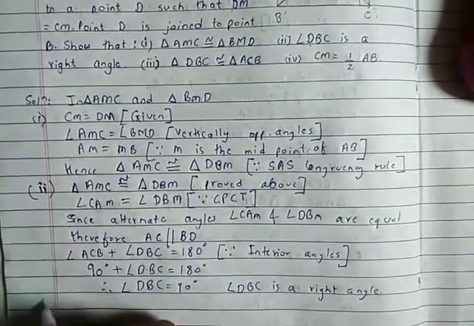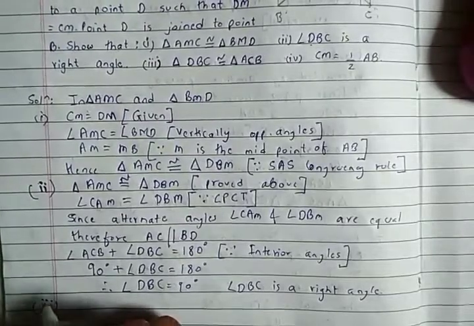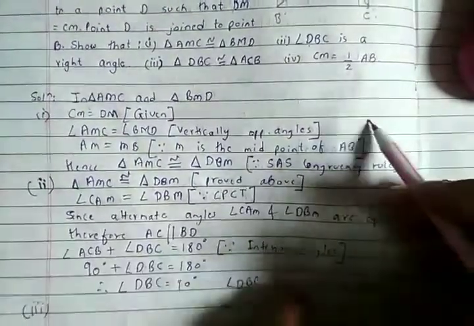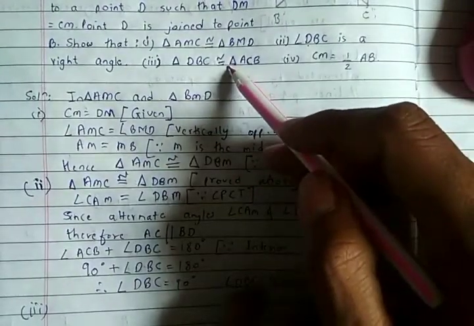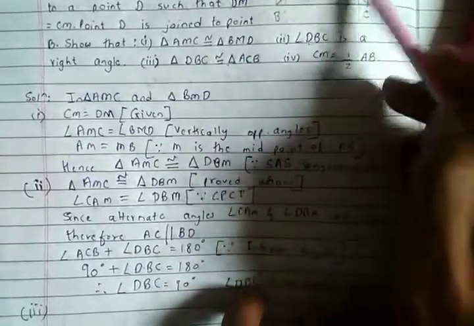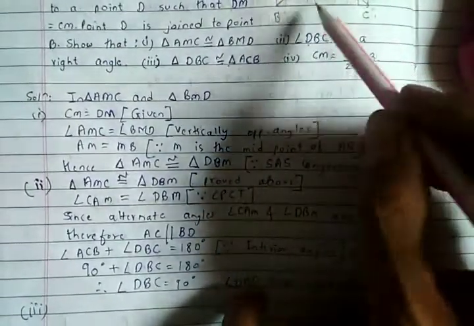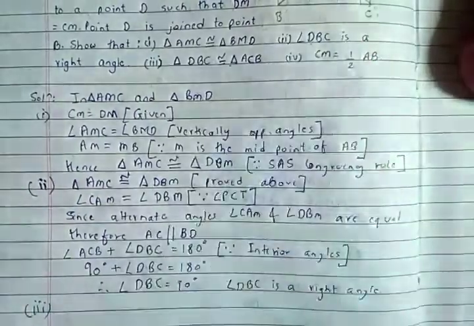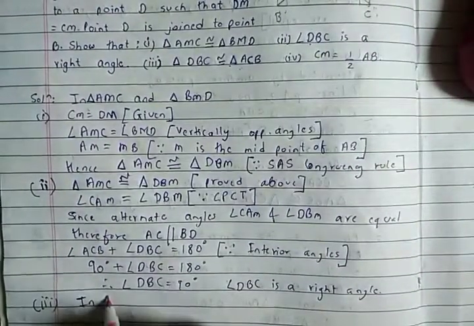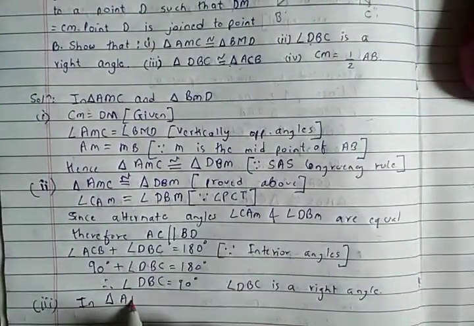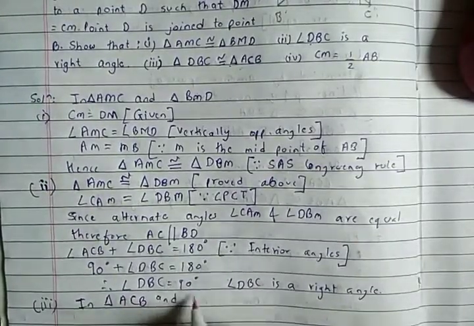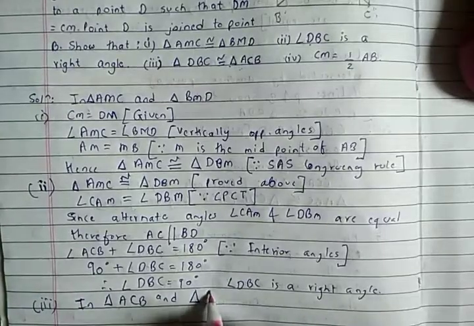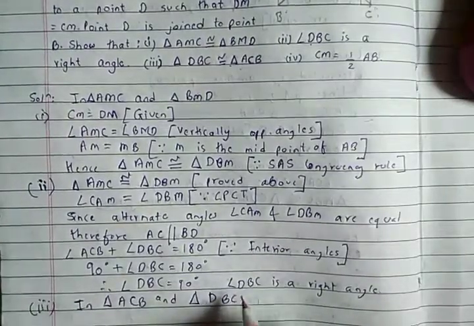Now let's prove part number 3. What it is asked to prove? Triangle DBC is congruent to triangle ACB. These both triangles are congruent to each other. So we will consider triangle ACB and triangle DBC, right?